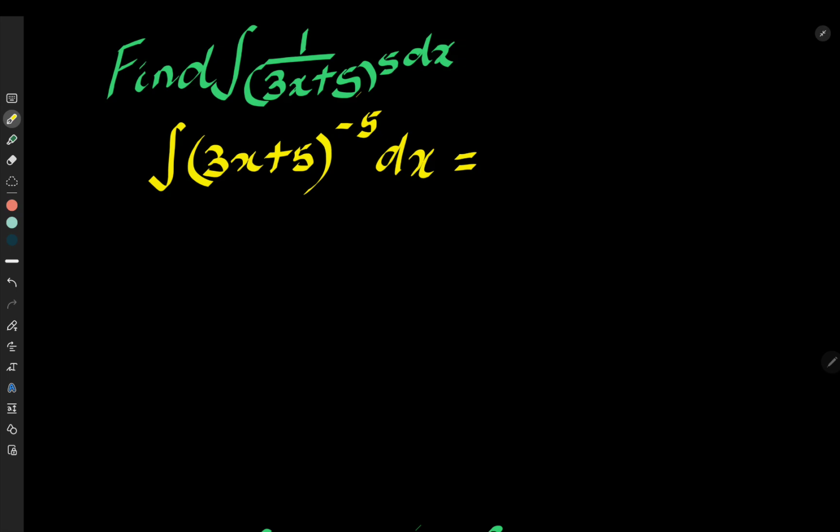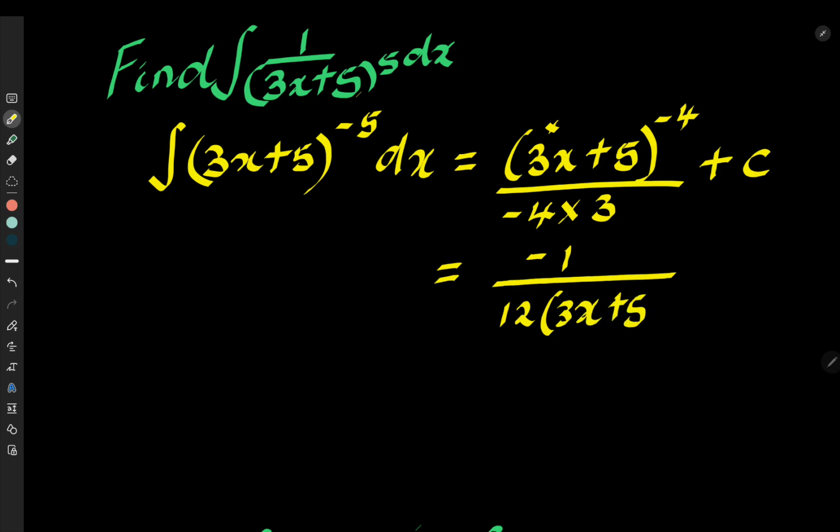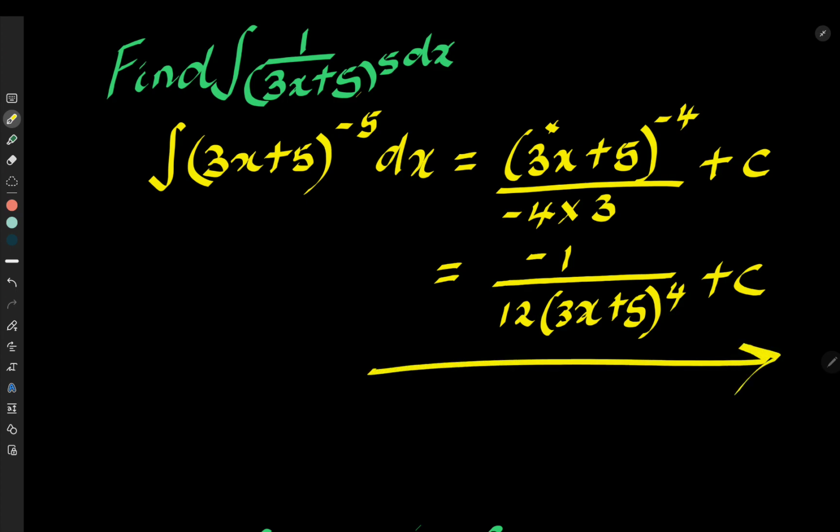You add 1 to the power, that would be (3x + 5)^-4, then divide by the new power, negative 4, times the coefficient of x, in this case 3, plus a constant. This can be rewritten as negative 1 over 12 times (3x + 5)^4 plus a constant c. And that is how you integrate 1 over (3x + 5)^5.